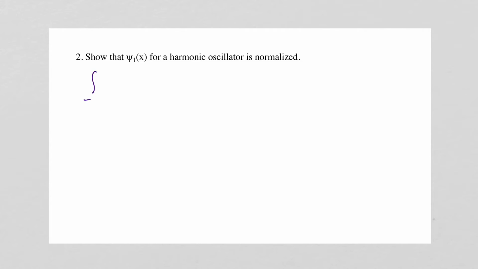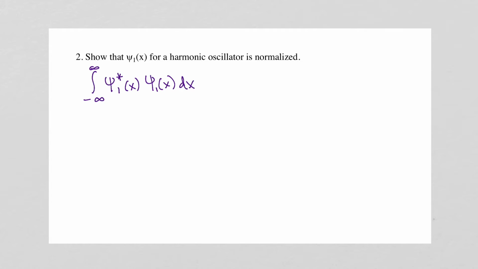Okay, so we've got that integral over your bounds. In this case, the bounds for a harmonic oscillator are -infinity to infinity. And we're going to have psi star of x times, oops, it's times psi 1 of x. Okay, so psi star psi, right?